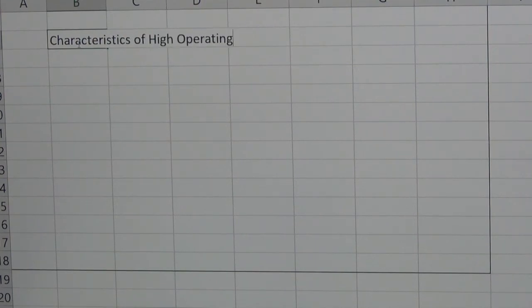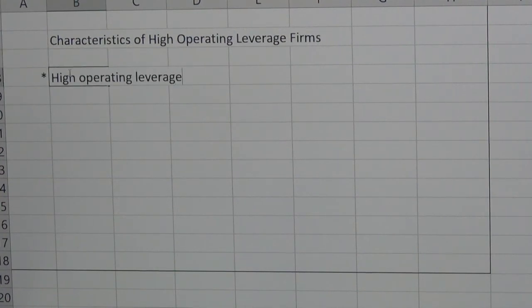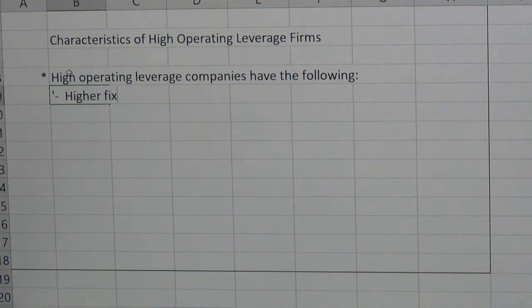So staying on with operating leverage, the characteristics of high operating leverage firms. High operating leverage companies have the following. They have higher fixed costs and lower variable costs.